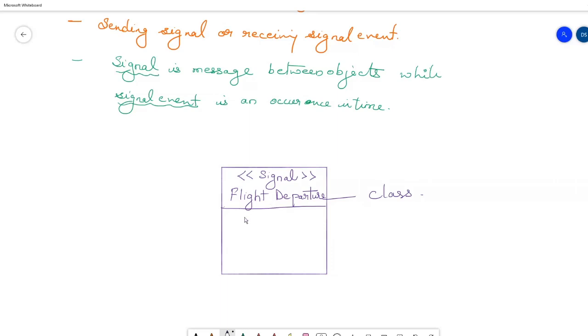If we are talking about a flight departure, we would be talking about the airlines to which the particular flight belongs. That flight would have a flight number, and it would take off from a city, and there would be a date and time at which it would take off.